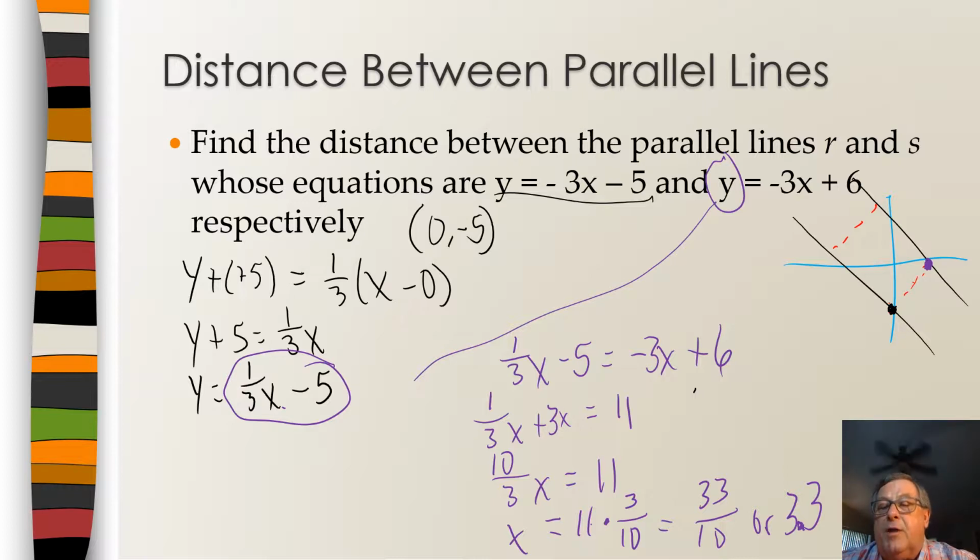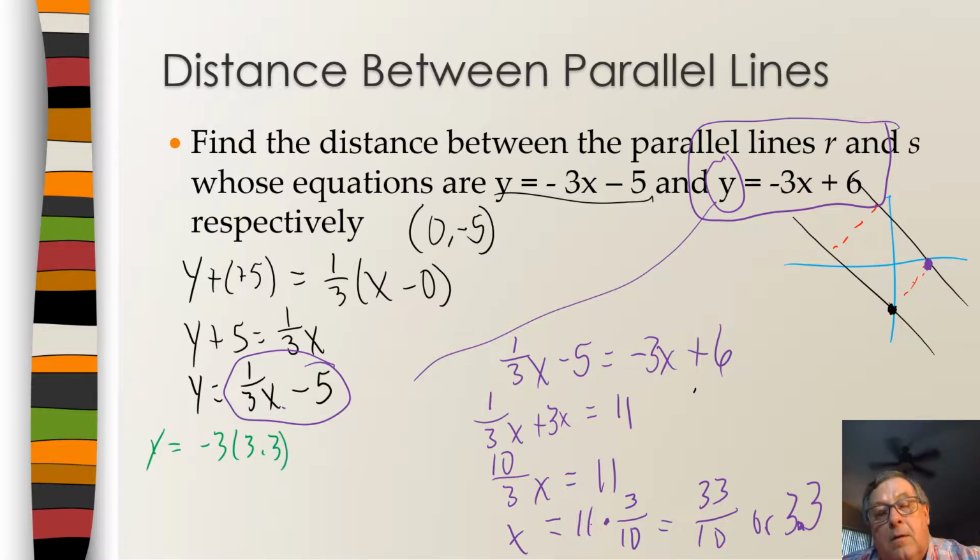All right, now I'm going to substitute this 3.3 for x into this equation here and solve for y. So now we got y equals negative 3 times 3.3 plus 6.